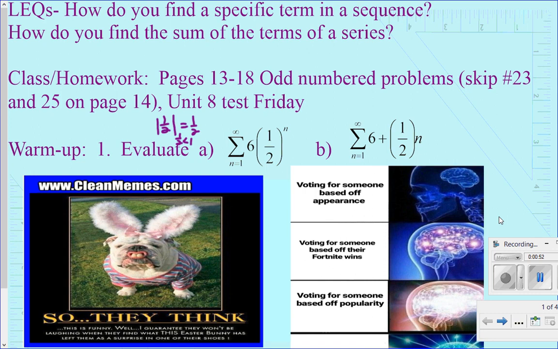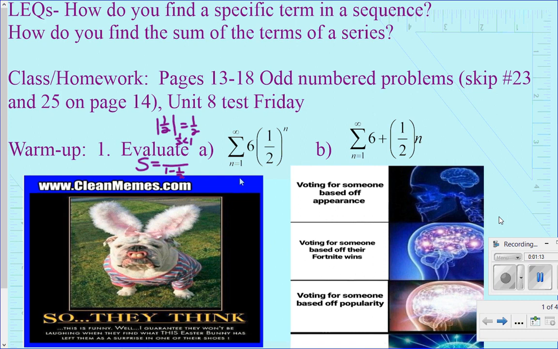So it converges to the sum of a sub 1 over 1 minus r. So a sub 1, I have to figure that out. 1 minus r is 1 minus 1/2. Now remember, we can't just assume that the first term is the first number that's listed there. So we have to find the first term.